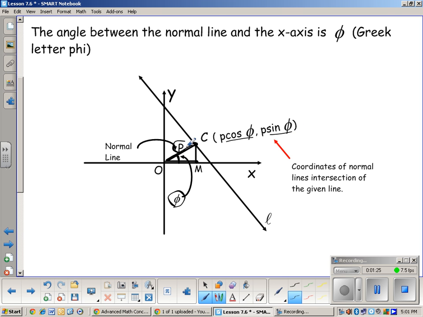And when it's not a unit circle, we have to multiply it by the length of the radius. So if we had a circle around here like this, then this would be my radius. And so that's why we have p times cosine of our angle phi representing the x-coordinate, and p times sine of angle phi is our y-coordinate right here.